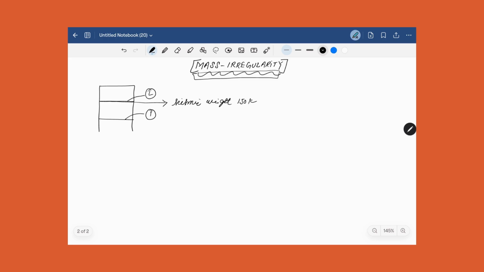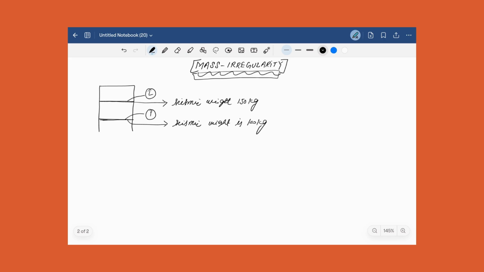I'm just taking an example only. And this floor's seismic weight is 100 kg. Okay, so we say that this floor has a mass irregularity, meaning this floor will be considered as a soft story.